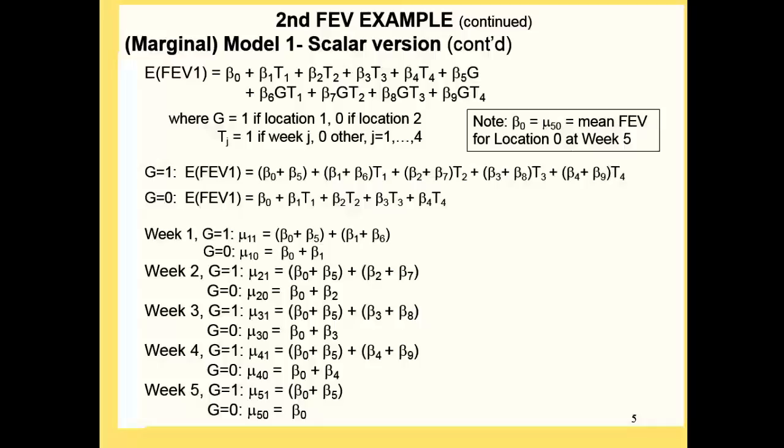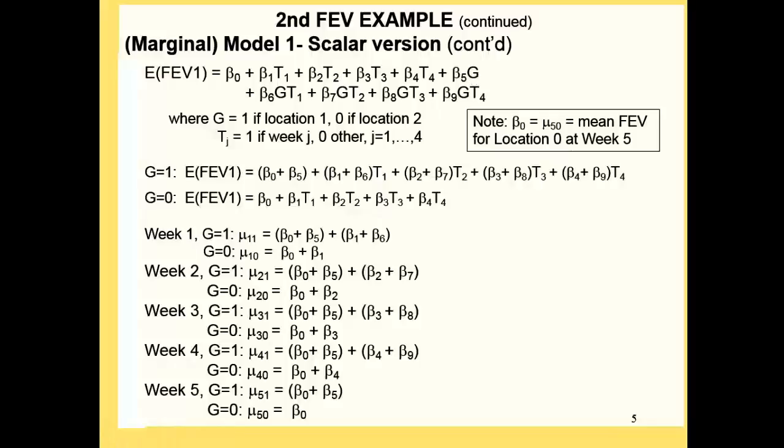If you're talking about the mean at location 1 for week 5, then something else doesn't drop out. Location 1, G is 1, right?